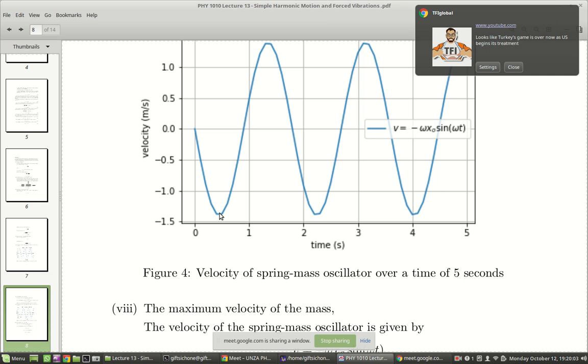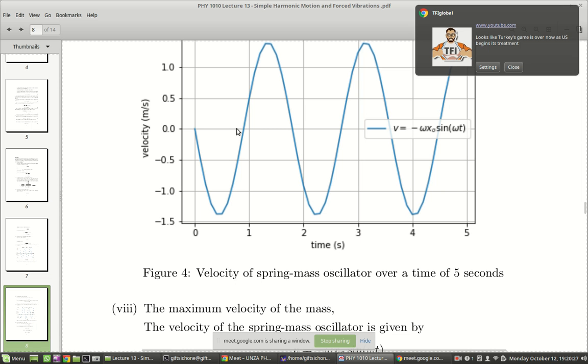Here, just near to 1 second here. If you go to the position graph, near to 1 second, just near to 1 second here, there. You can see it is on the opposite side. It has reached maximum position on the opposite side. That's where the velocity becomes equal to 0.